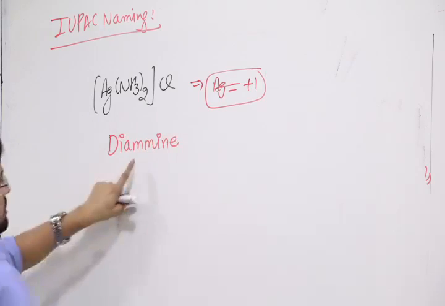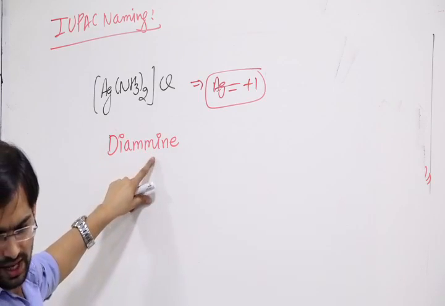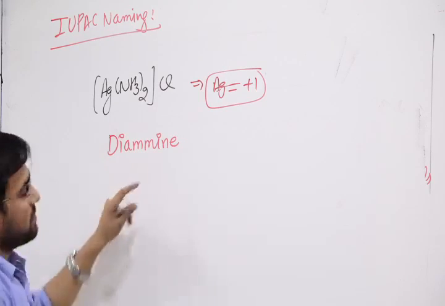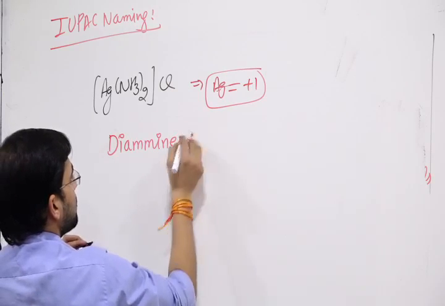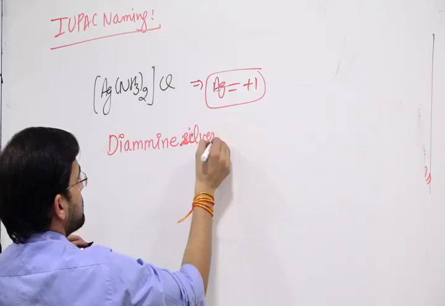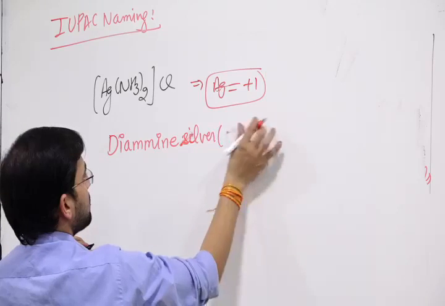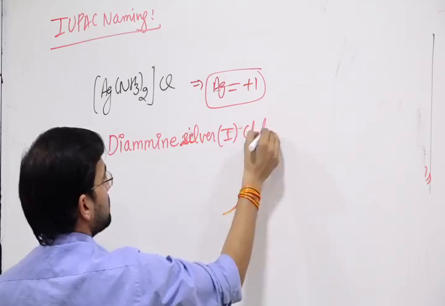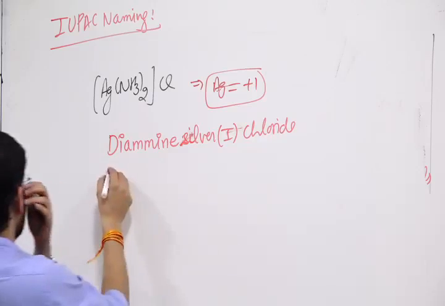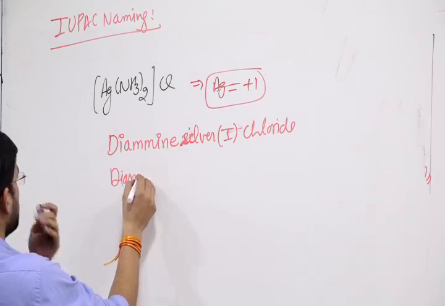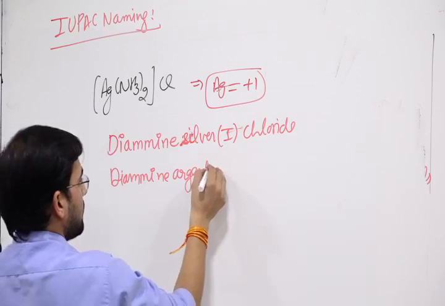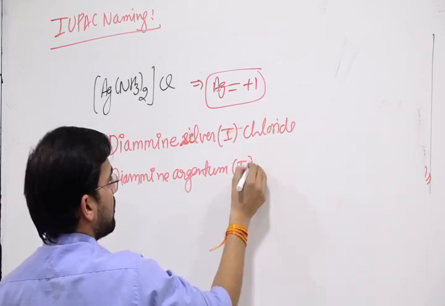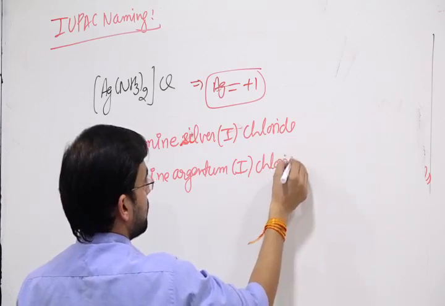Diammine silver(I) chloride, or you can write diammine argentum(I) chloride.